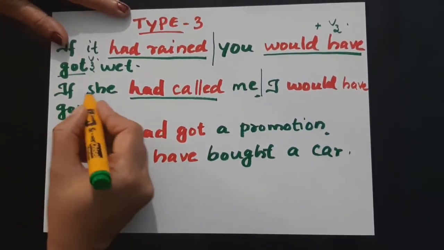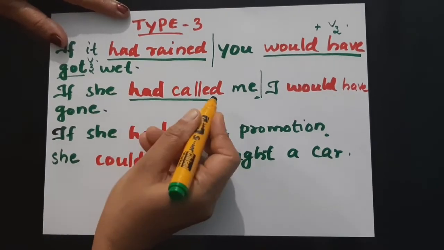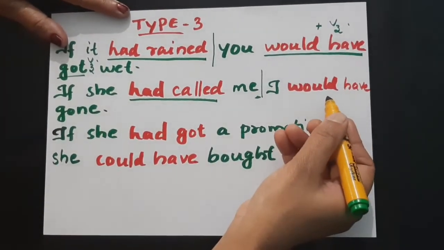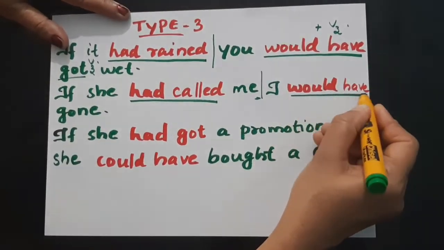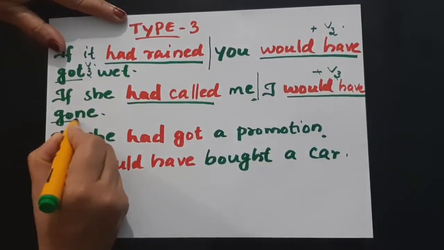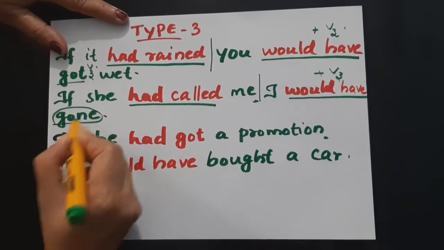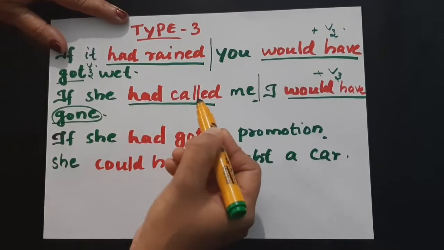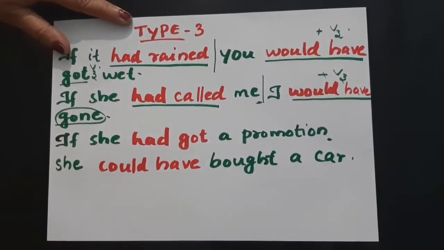In the if clause, you have the verb in its past perfect form, had called, and in the result you have would have plus V3, go, went, gone, V3 form of the verb. So that is it. If she had called me, I would have gone.